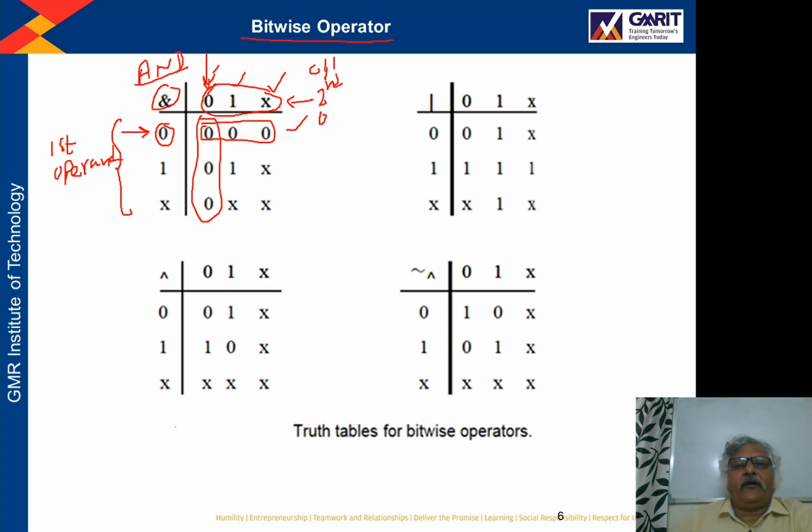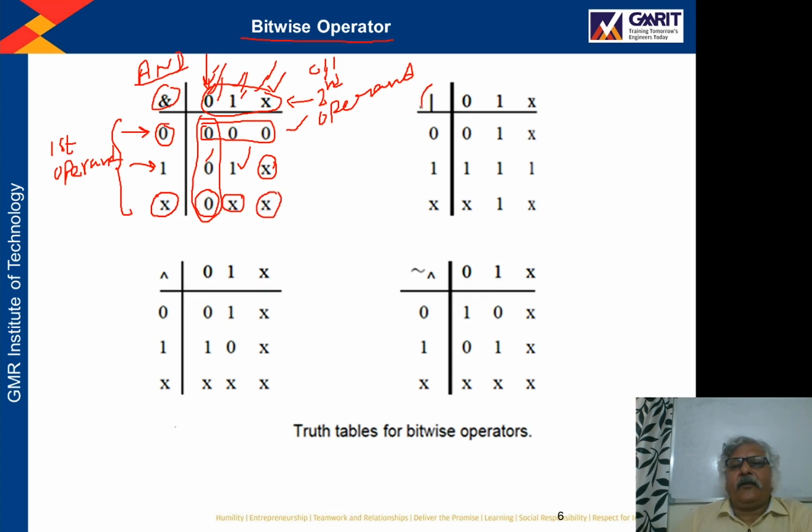If the first operand is 1 and the second operand is 0, the result is 0. If the second operand is 1, then 1 and 1 is 1. If the second operand is don't care, you will get don't care. And if one operand is don't care and the other operand is 0, you will get 0. In the other two cases, you will get don't care.